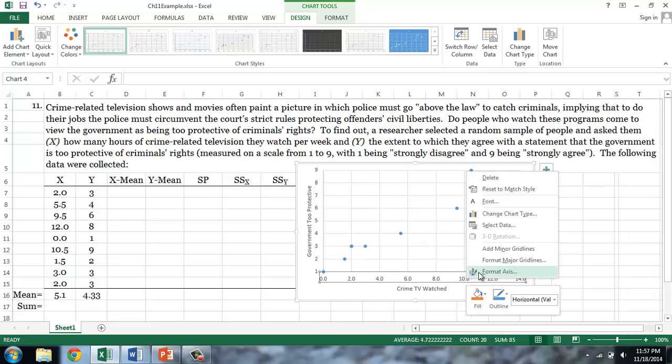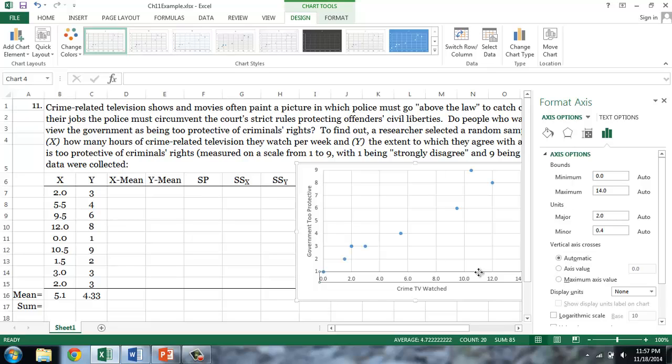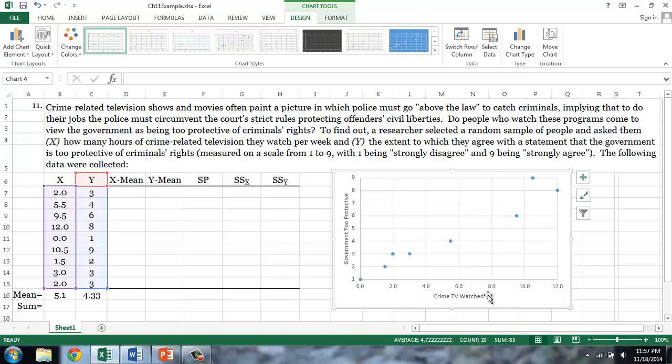Similarly, since the highest x value is 12, I will change the maximum bound to 12. And that looks pretty good. As you can see, there appears to be a positive association. That is, individuals who watch more crime TV tend to think that the government is too protective of criminals' rights.